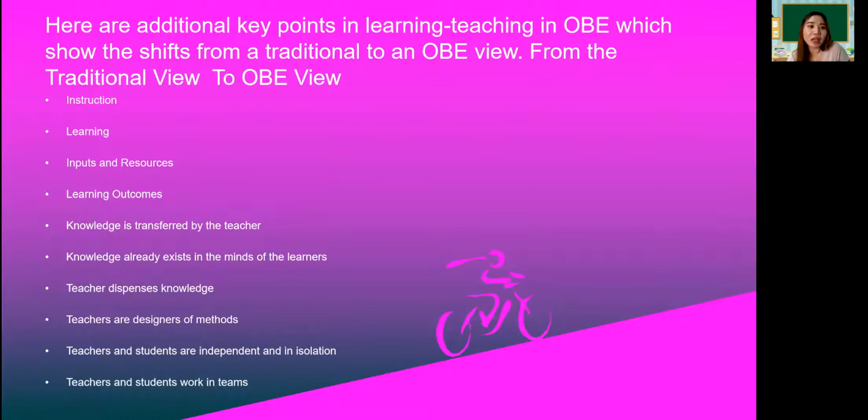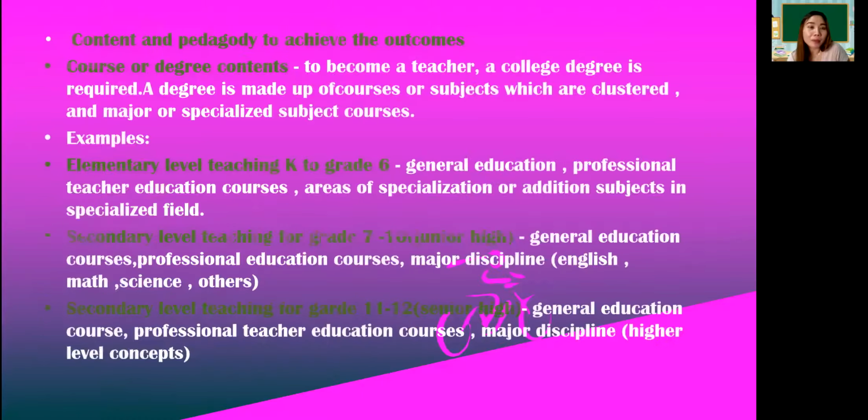Instruction, learning; inputs, resources, learning outcomes; knowledge is transferred by the teacher, knowledge already exists in the minds of the learners; teacher dispenses knowledge, teachers are designers of methods; teachers and students independent and in isolation, teachers and students work in team. Content and pedagogy to achieve the outcomes.